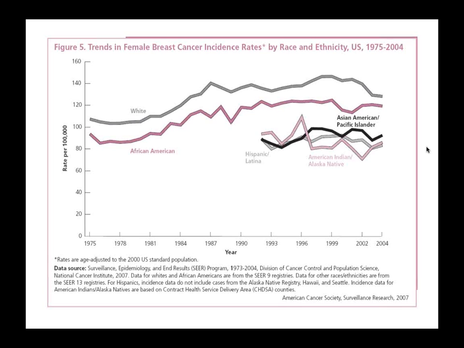Looking at 1975 up to 2004, you can see that white women in the U.S. have the highest rates of new cancer diagnosis, and second is African American women. And we have much lower incidence rates for Hispanic Latino women, American Indian, Alaska Natives, and then Asian American and Pacific Islanders.